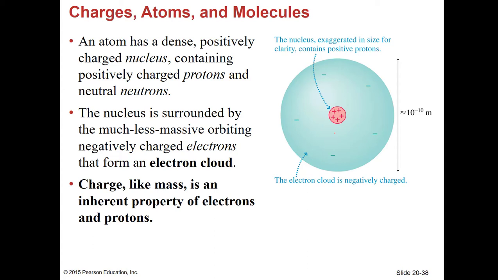It's a nuclear force. And you could think of electrons as being out here in a cloud. Okay, so charge, like mass, is an inherent property. So if you are an electron, you have the property of having a certain amount of negative charge. We'll see that in just a minute. Same thing with protons.